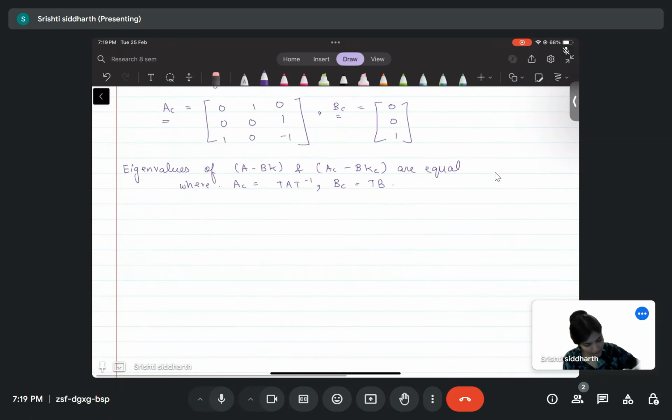So let's see. We have AC minus BC times KC, which is 0, 1, 0, 0, 0, 1, and this last row is simply 1 minus, let's say, K1C, then minus K2C, and minus 1 minus K3C.